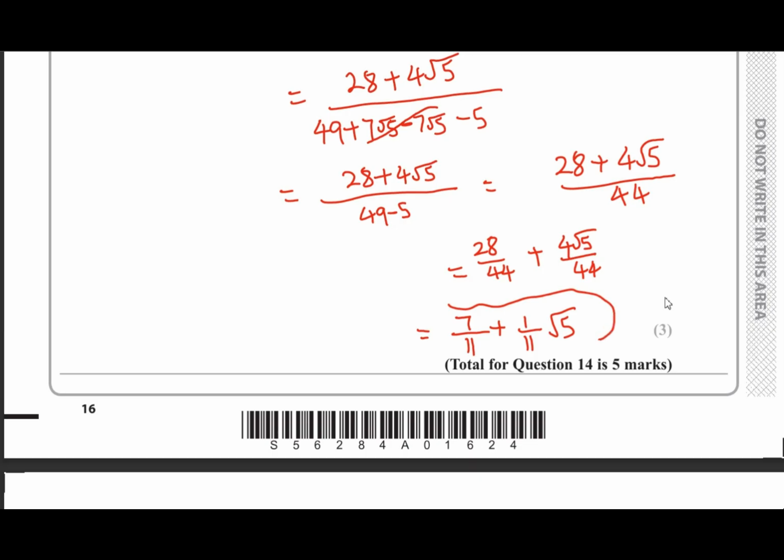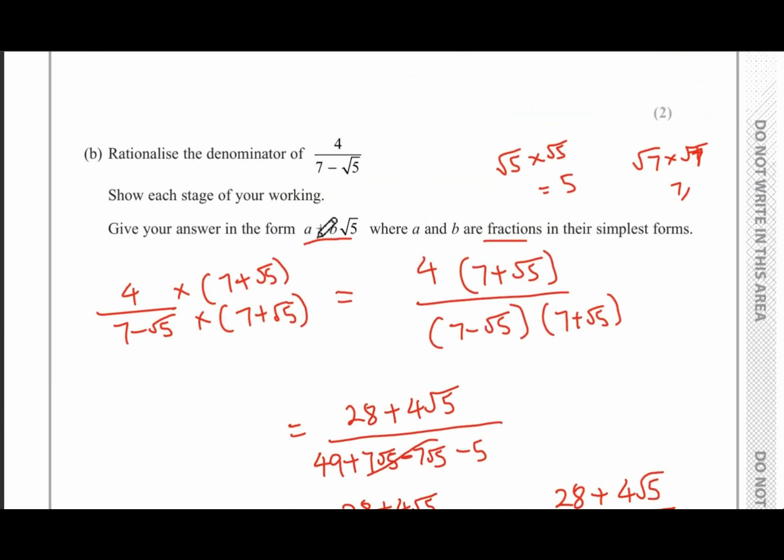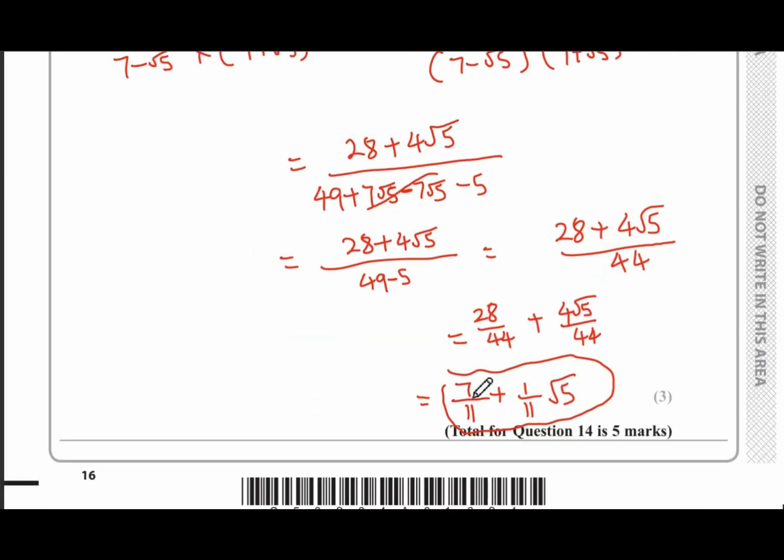This is my final answer. Comparing with a plus b root 5, a is 7 over 11 because that's the first part, and b is 1 over 11.